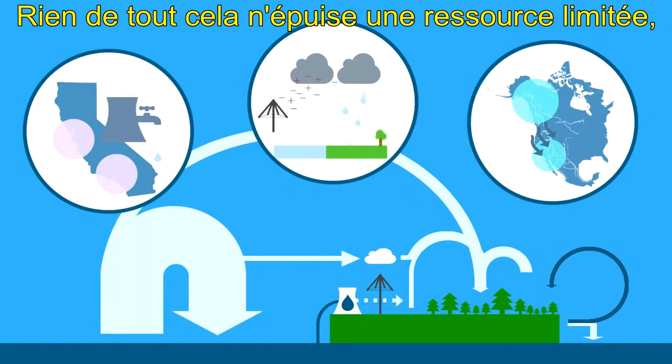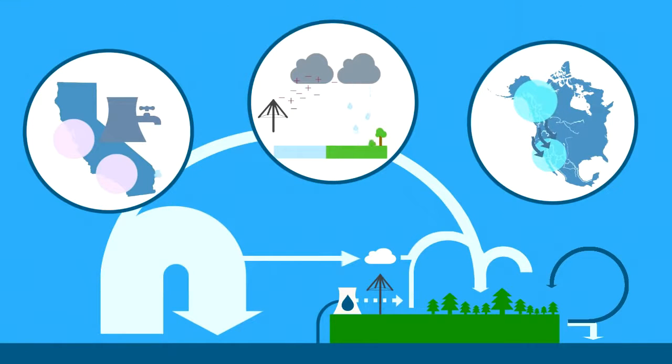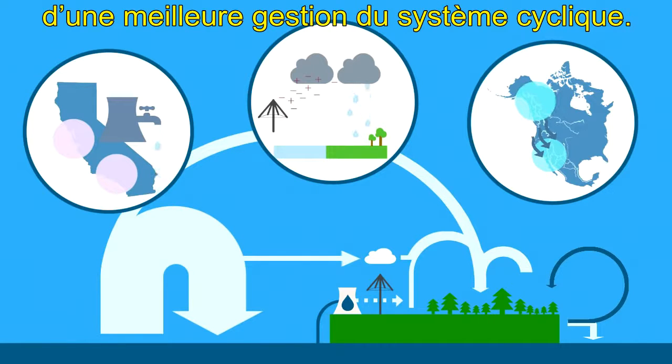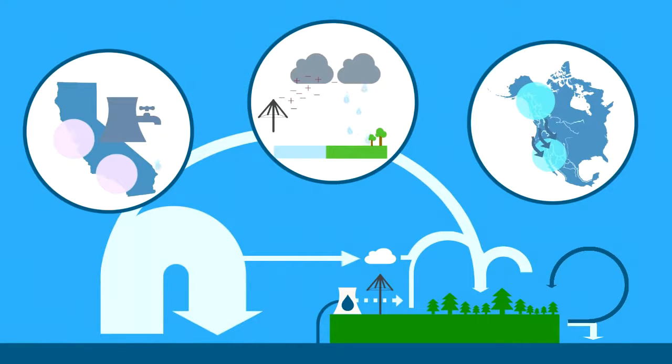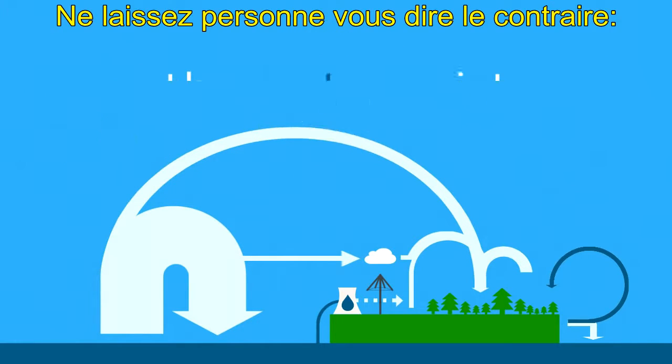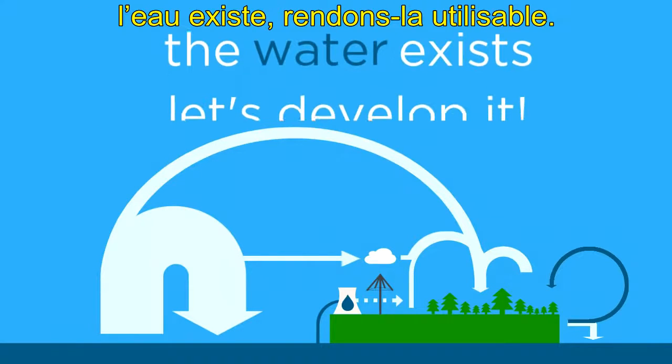None of this is using up finite water supplies. Instead, it is a better management of the cyclical system. Don't let anyone tell you otherwise. The water exists. Let's develop it.